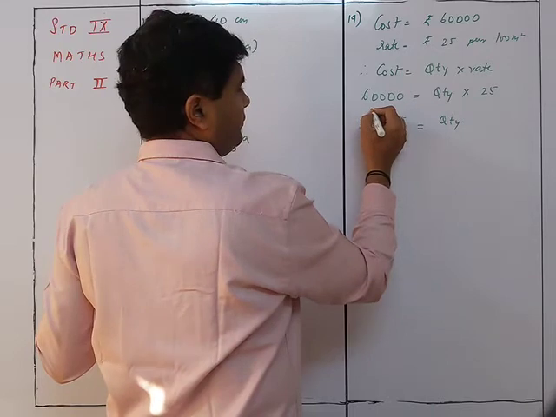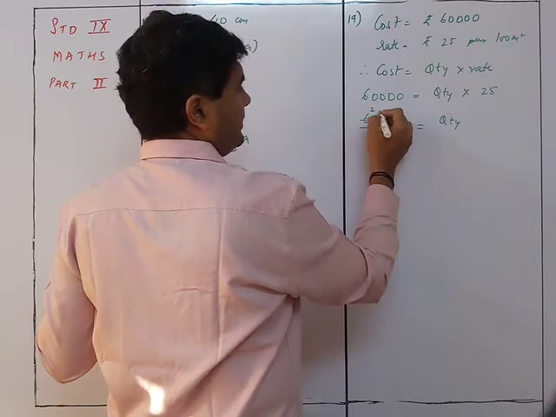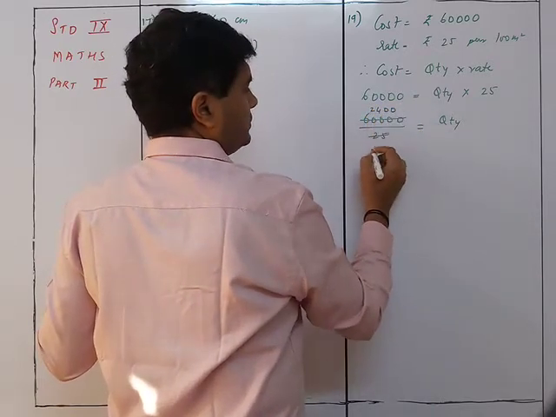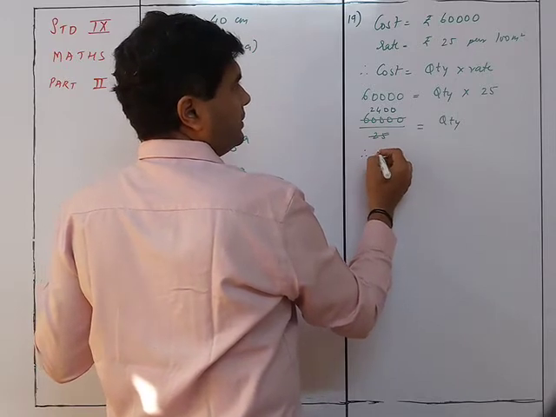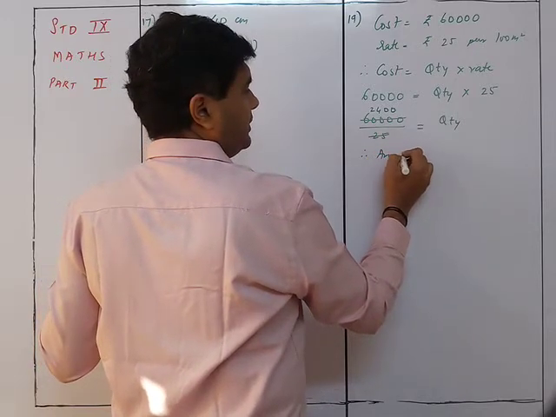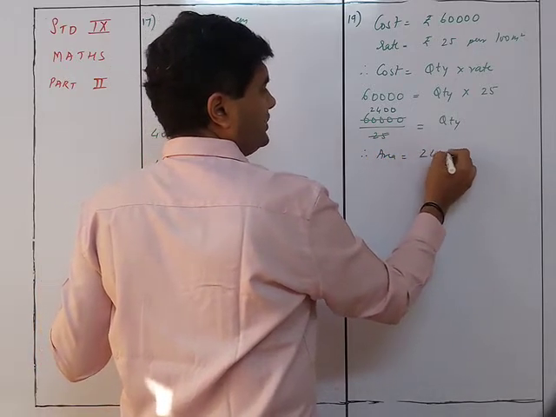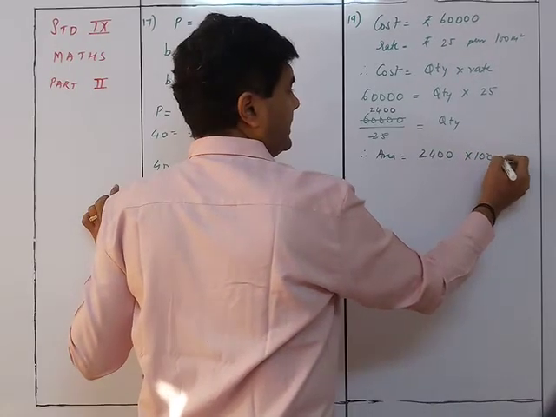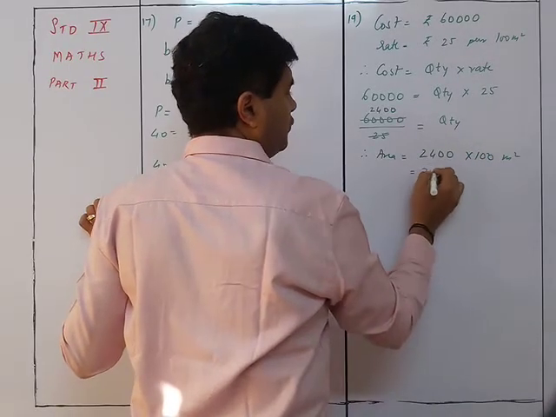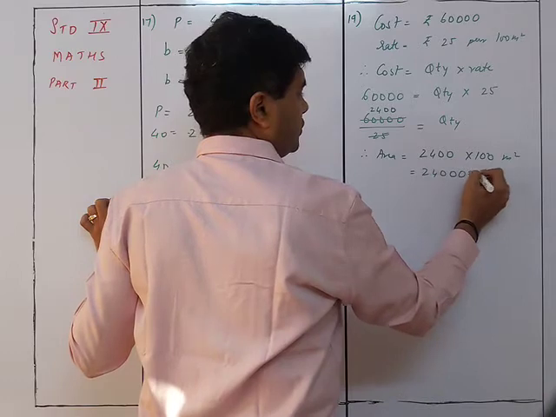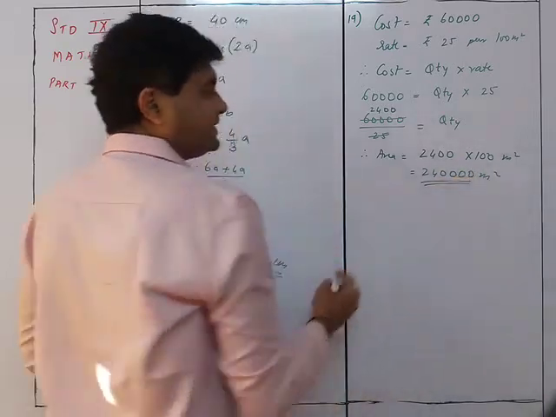So 25 into 4 is 100, so 2400. So therefore the area is equal to 2400 into 100 meter square. It is 240000 meter square. That's the area of the field.